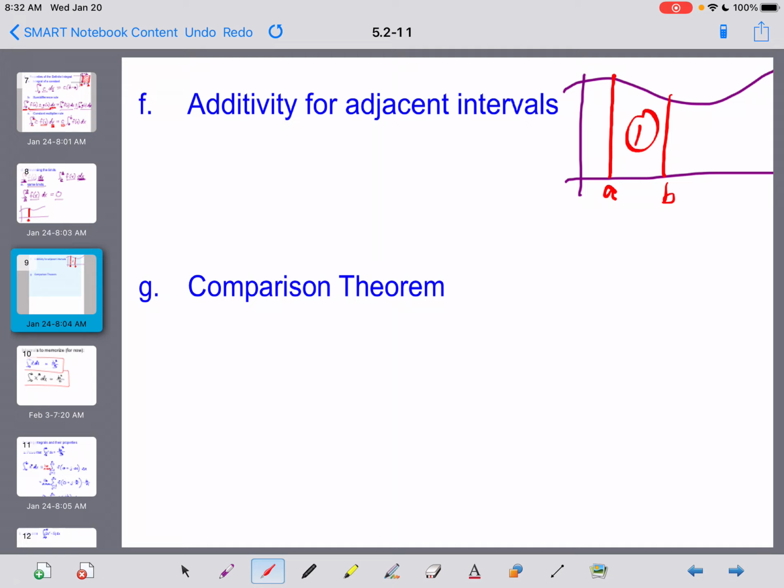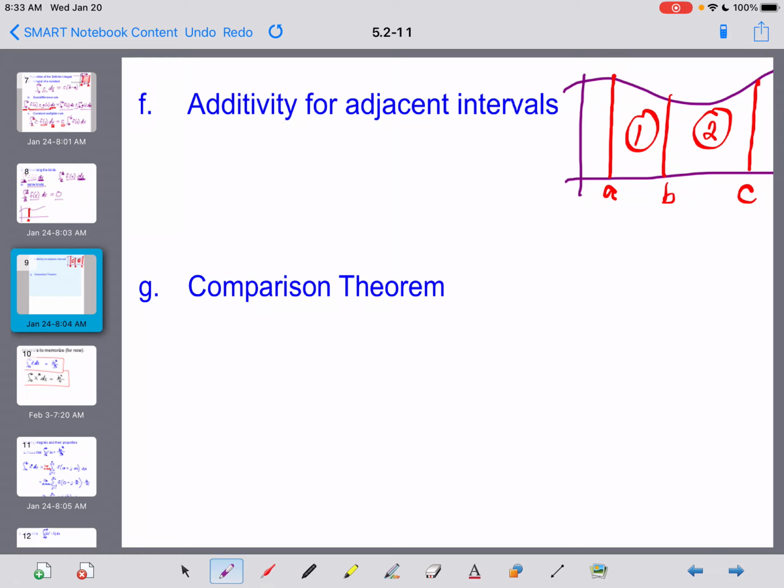I'll call that interval number 1. And for region 2 to be adjacent to region 1, it has to begin right where region 1 ended, which is at b. So if I put another value over here and call that c and say, okay, there's region 2, you might already see where I'm going with this, guys.